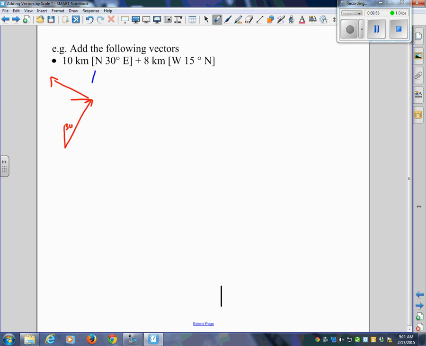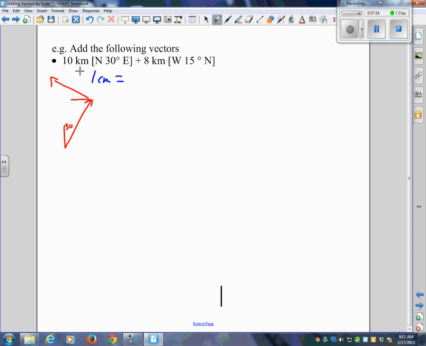I need a scale. Your scale always starts with the words 1 centimeter. Repeat after me. Scales always start with 1 centimeter equals. Yet there's at least 8 of you that will not do that on the test. It should always be what is on the paper and what it's equal to in reality.